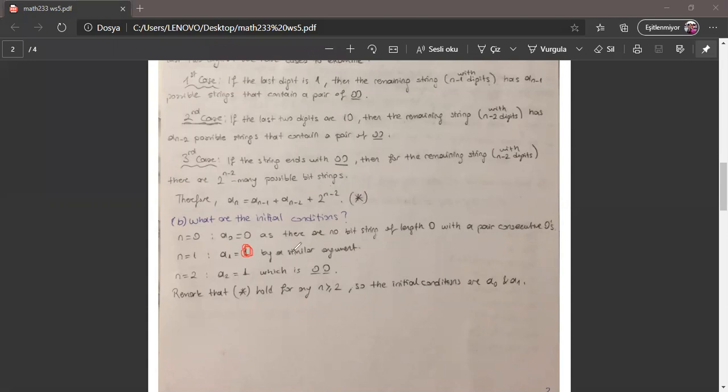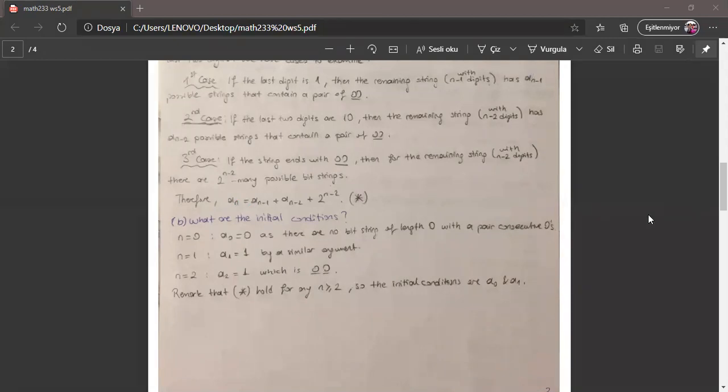And when n equals 2, there is only one bit string that contains consecutive zeros, so it is 1. When n is greater than or equal to 2, the recurrence relation holds. So these are the initial values, a0 and a1, because the rest holds.